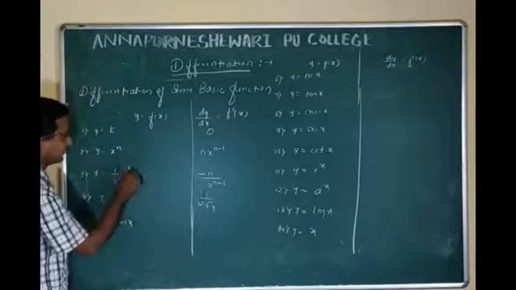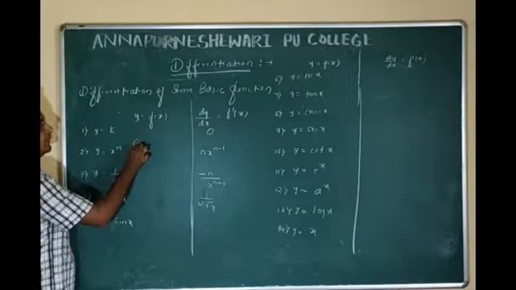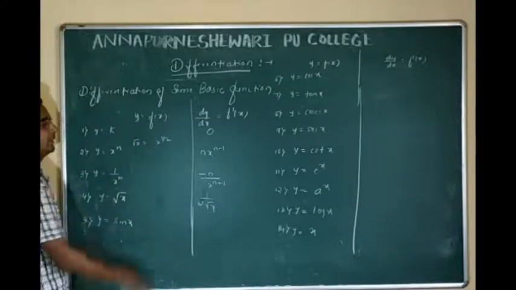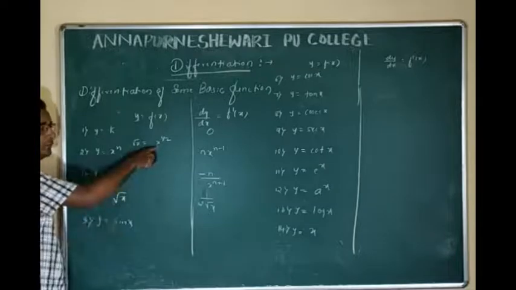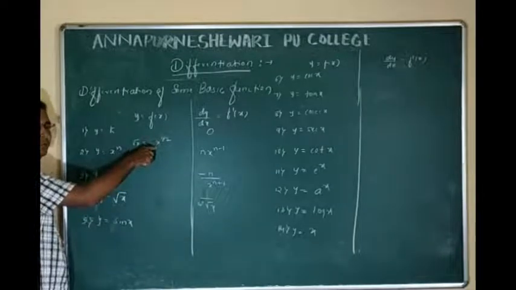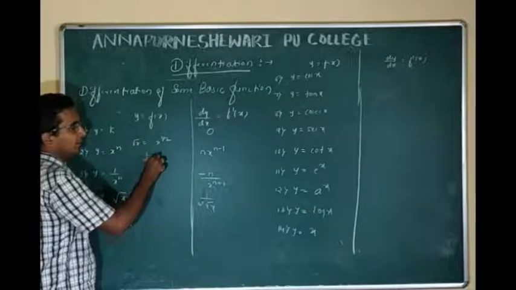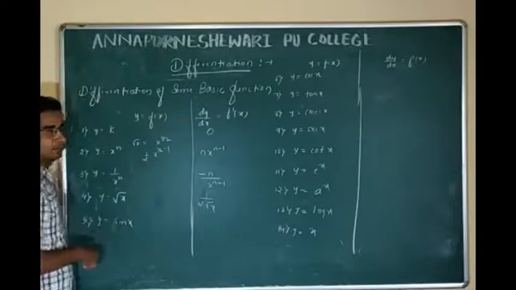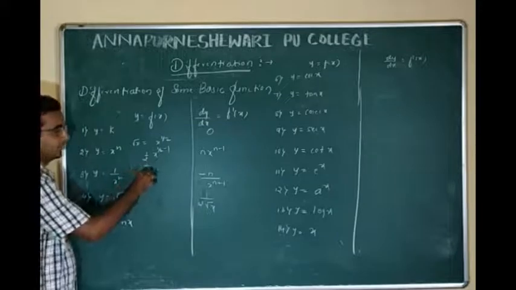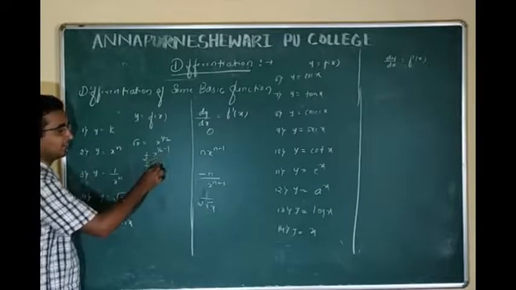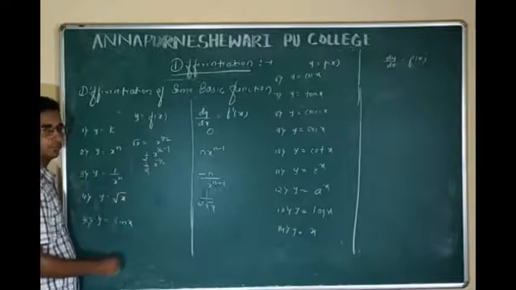For example, root x we can take as x raised to 1 by 2. So now it is in the form of x raised to n. What is the differentiation of x raised to n? It is n times x raised to n minus 1. Get it? This is 1 by 2, x raised to, after the LCM, what do you get? Minus 1 by 2.